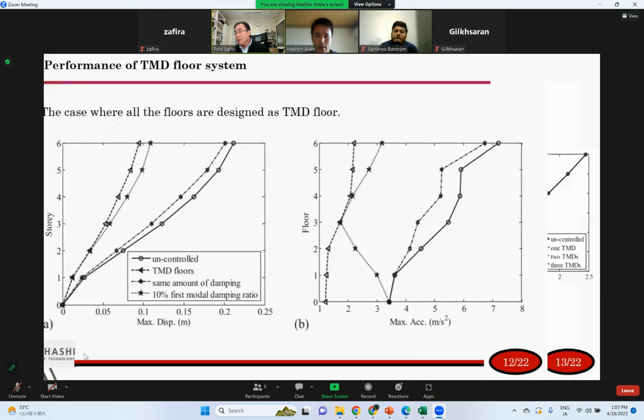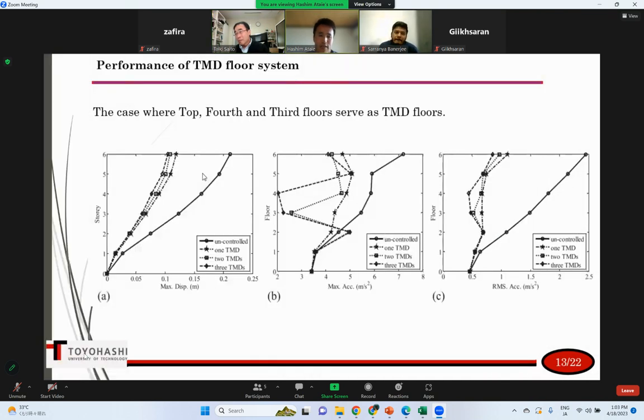Okay. And in another case, they used a multimodal approach. They wanted to use just three floors as the TMD floor system, and found the specification for those three TMDs, which are the third, fourth, and sixth floors.